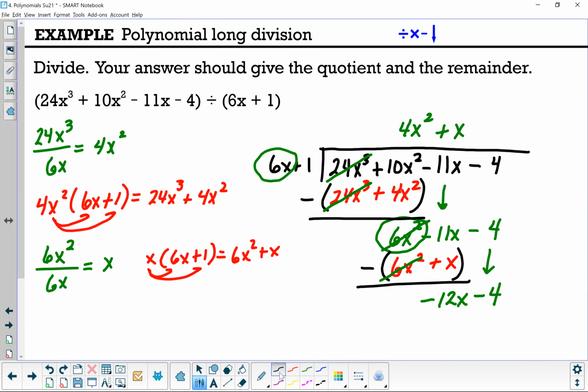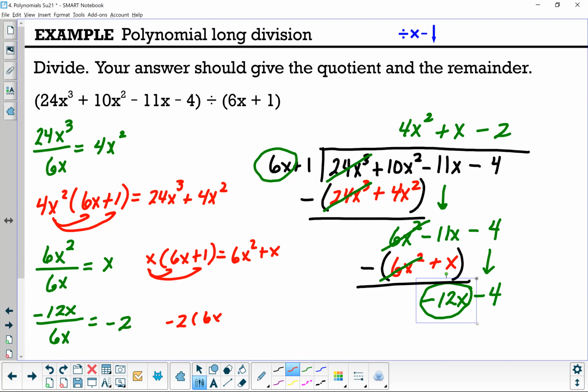Okay. So we are dividing the negative 12x by the 6x, and that gives us negative 2. Multiply negative 2 by the divisor. So that gives us negative 12x minus 2.